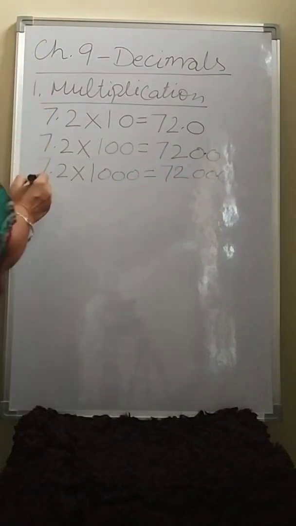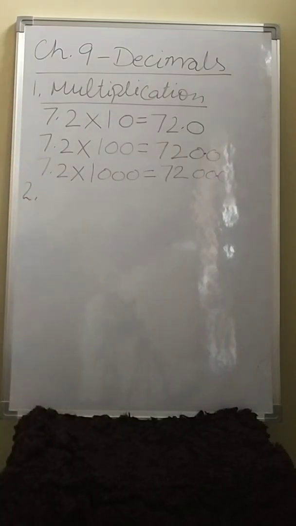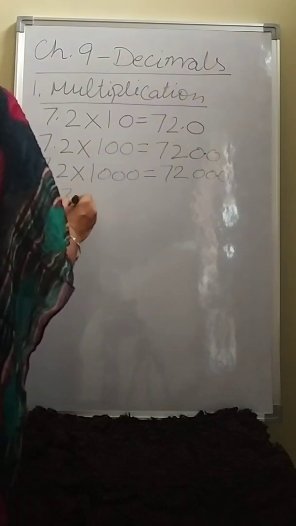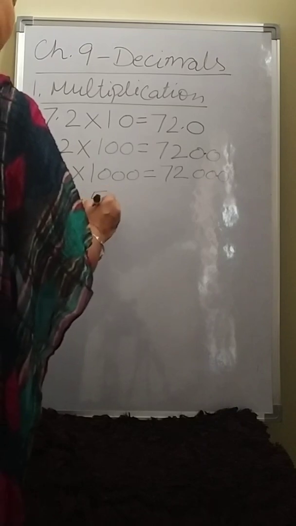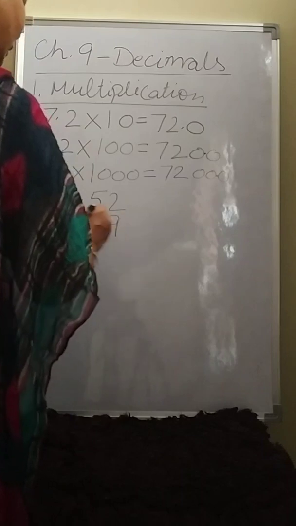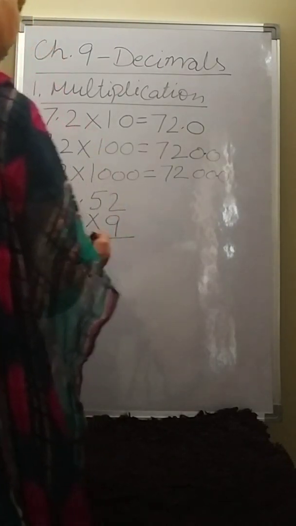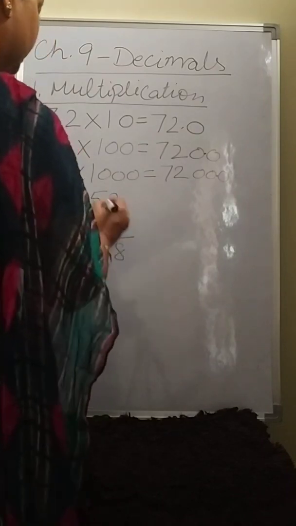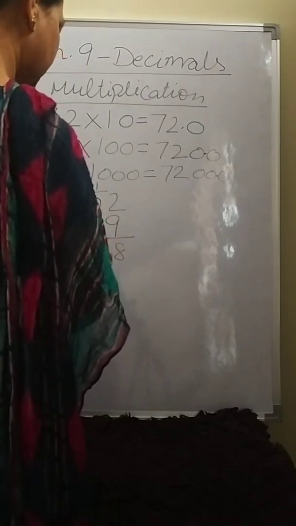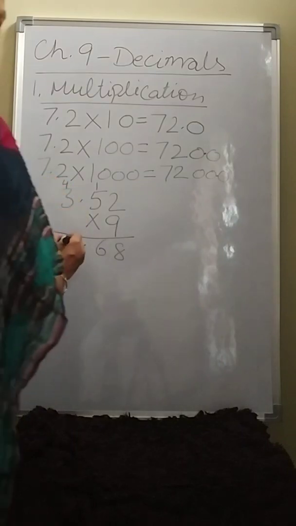Okay. Next, if we multiply any decimal number like 3.5 by a one digit number, 9 2s are 18, 1 here, 9 5s are 45 and 1 is 46, 6 here, 4 here. 9 3s are 27 and 4 is 31.